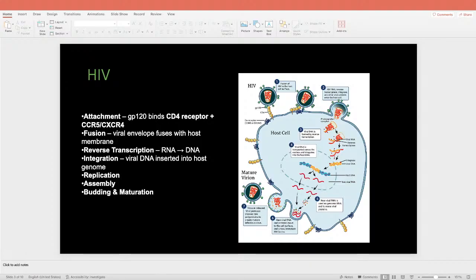Each of these steps represents how the infection occurs, but now we're going to look at the treatment mechanisms and where these medications target in terms of preventing or slowing down infection. So let's take a look.